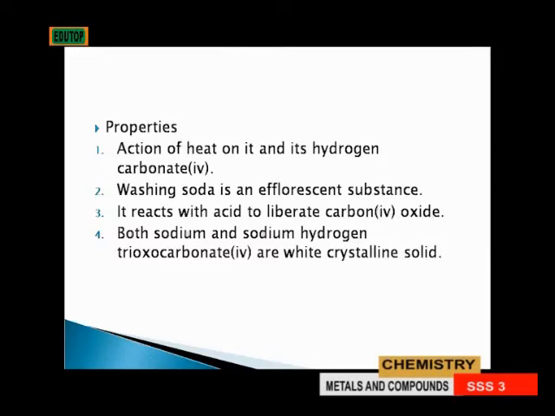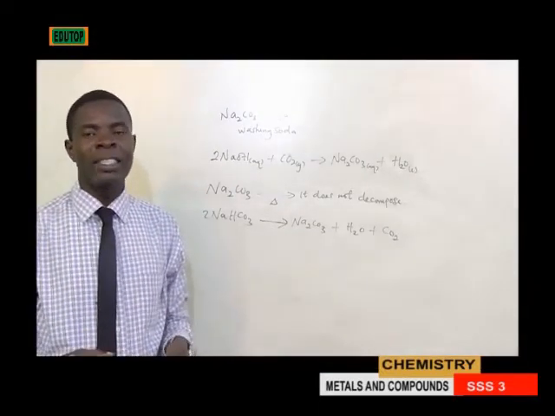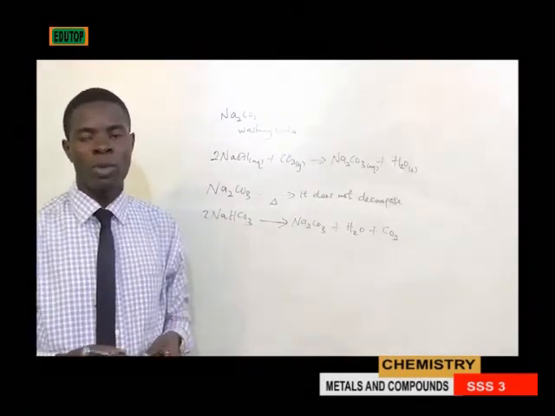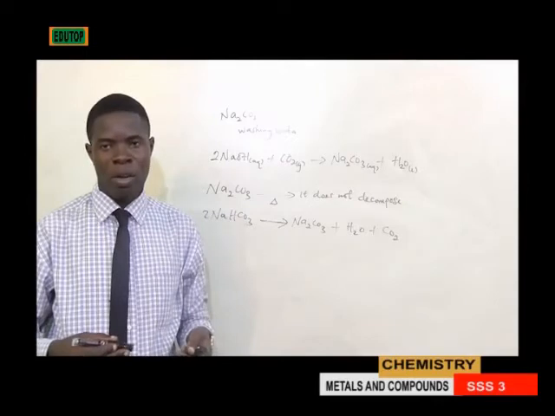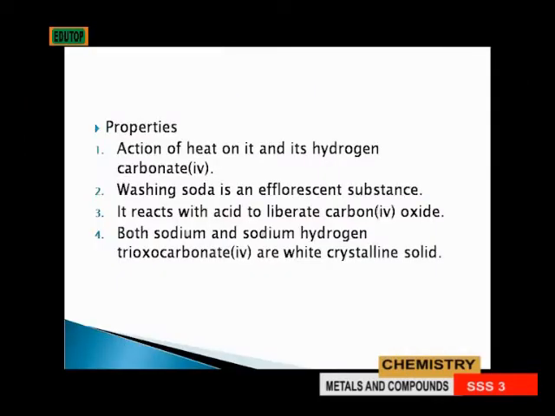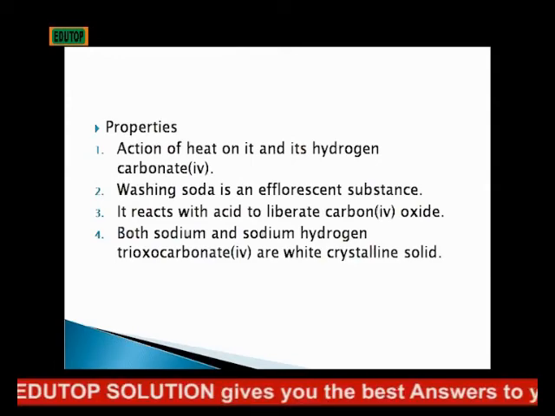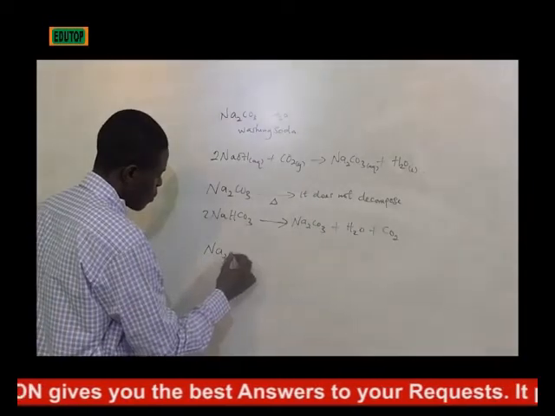2. Washing soda is an efflorescent substance. When we say efflorescent, we are talking about compounds that when they are exposed to the atmosphere, they lose parts of their water of crystallization. 3. It reacts with acid to liberate carbon 4 oxide, and that is one of the properties of this.